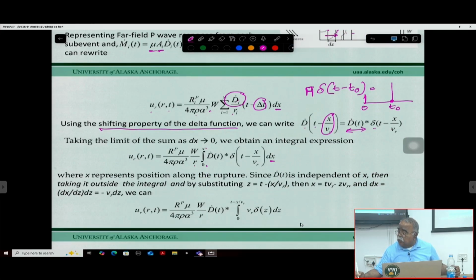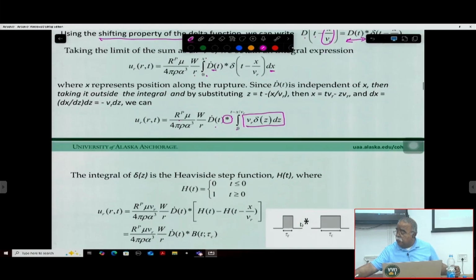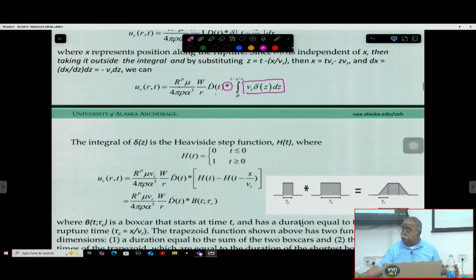So put this value R theta phi into this one into W by R. Now this dt is the convolution integral, and that is what I told you earlier, that this convolution we need to perform, right? So this is your convolution because this is a t minus tau. So therefore this is the convolution operation, and that convolution operation we have to calculate, right?